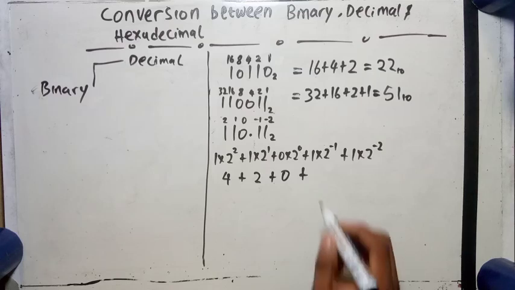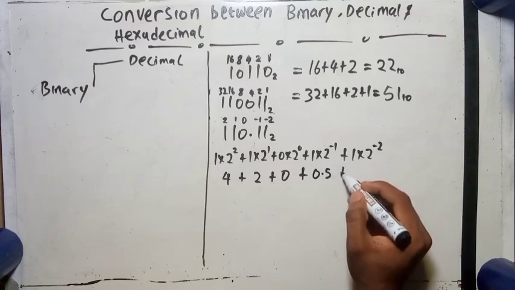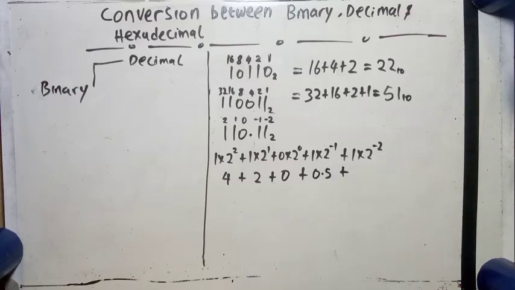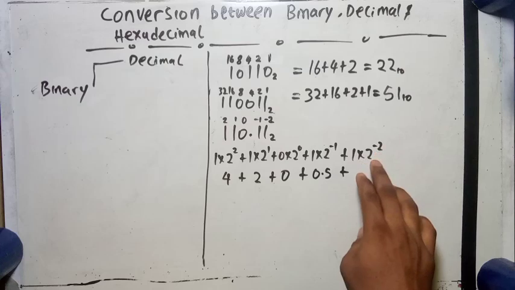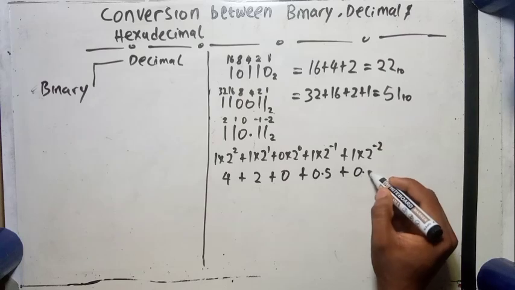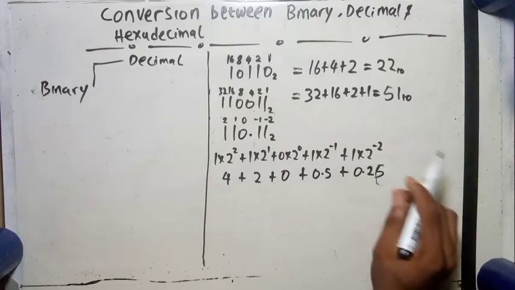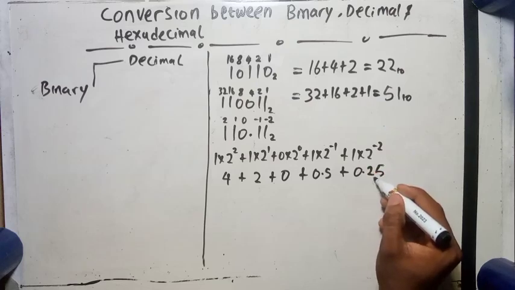Okay, I'm correct. So we're having 0.5. Now the same thing goes here. This is 1 over 2 raised to the power 2, so this is 1 over 4, which is going to give us 0.25.